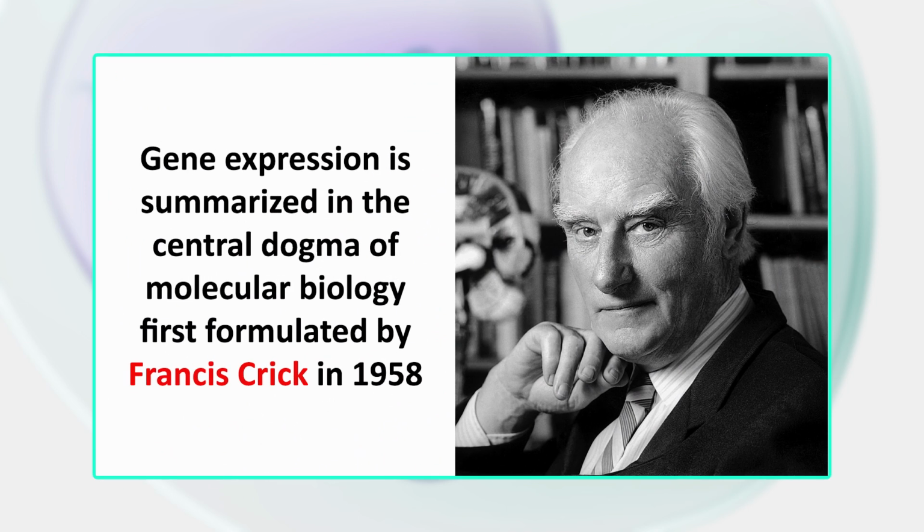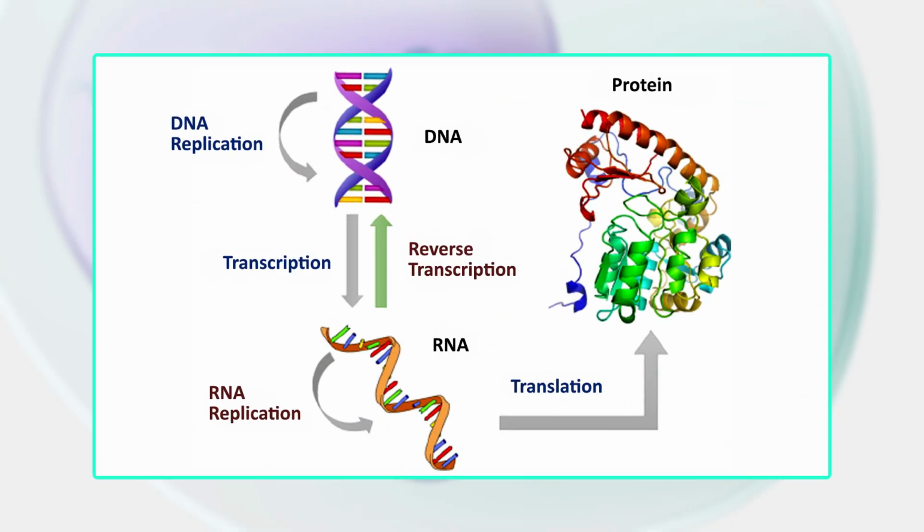Gene expression is summarized in the central dogma of molecular biology, first formulated by Francis Crick in 1958, further developed in his 1970 article and expanded by the subsequent discoveries of reverse transcription and RNA replication.